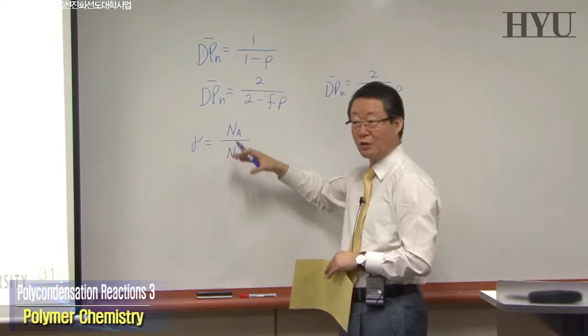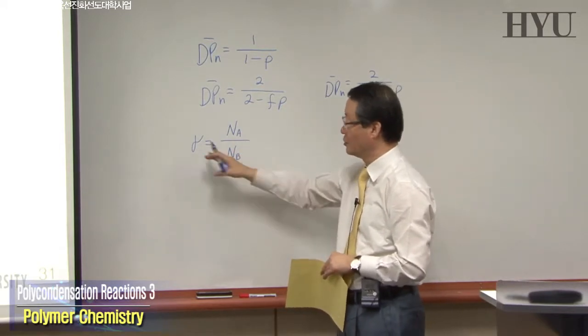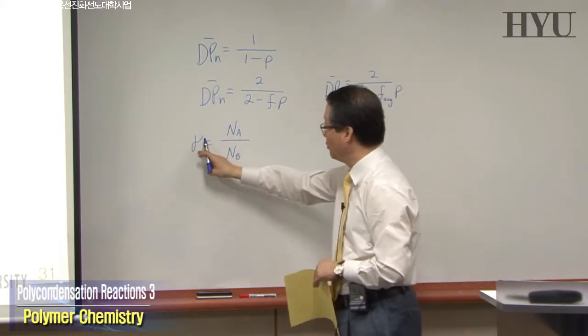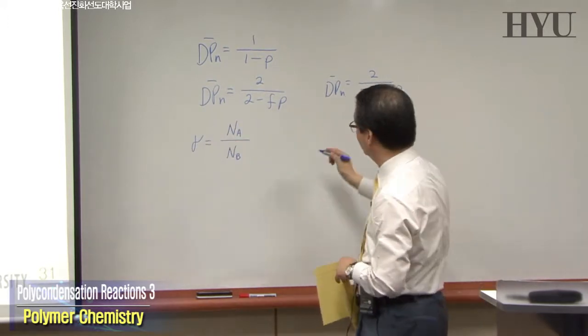So you can control the excess amount of the A monomer or B monomer so that it is related with the feed ratio.